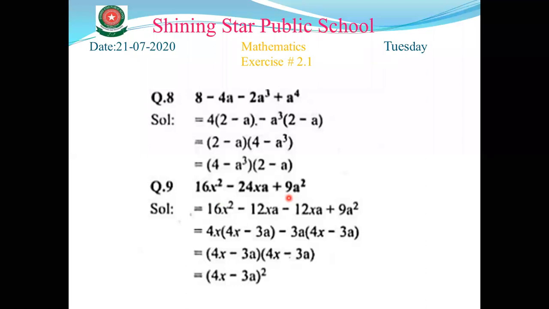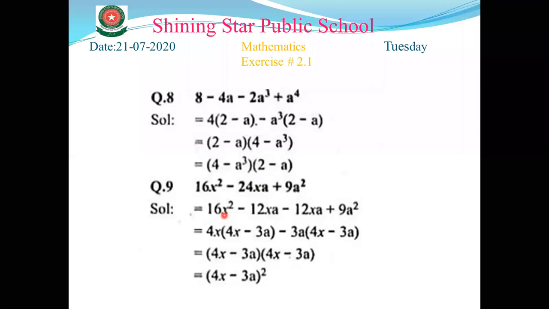Now we must find two numbers. If we multiply them, we must get 144, and if we add them, we must get 24. Okay, now the numbers are 12 and 12. If we multiply 12 by 12, we get 144, and if we add them, it will be minus 24.